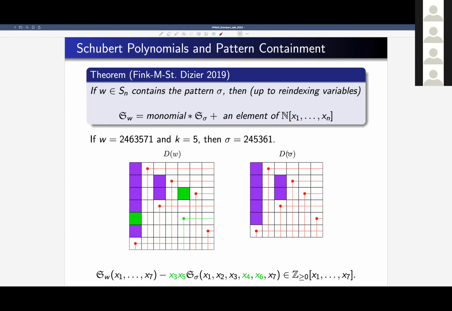And then we get the pattern of sigma, but since it really lives within D of w, and we got rid of x5, it's going to be evaluated at x1, x2, x3, x4, x6, x7. We skipped row 5. And so we're saying this is non-negative. I think that's a really nice thing on its own.